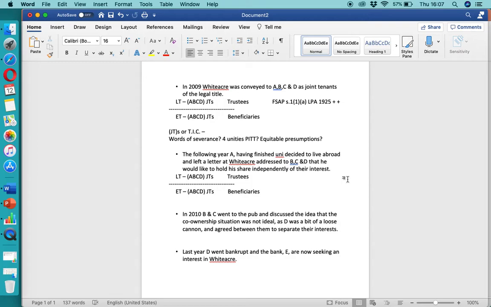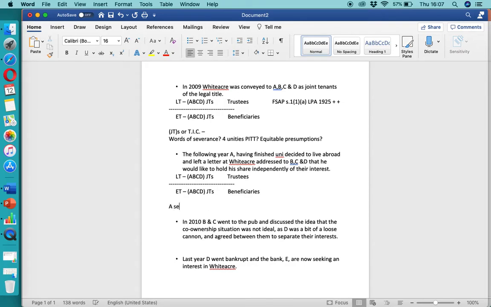Okay, so now we have a situation where it seems that A is trying to sever. So has A successfully severed? You would look at the ability to sever under section 36(2) and the fact that we would look for that to be in writing.